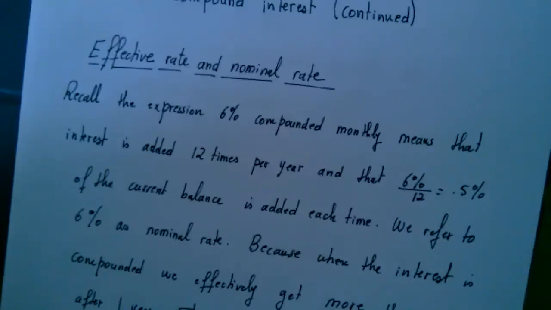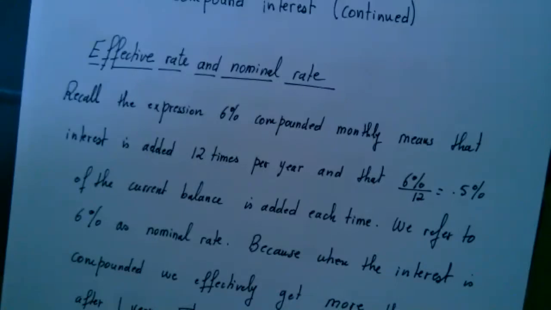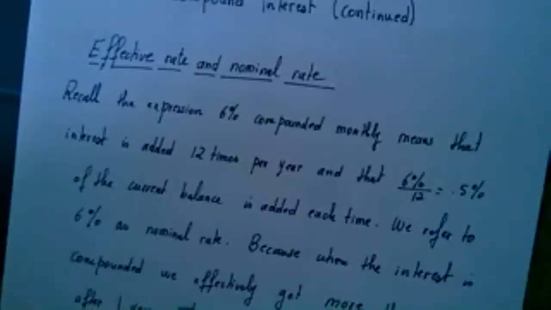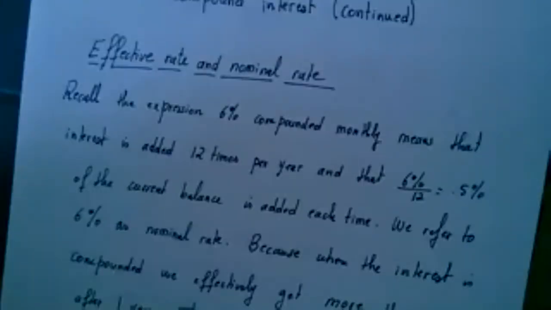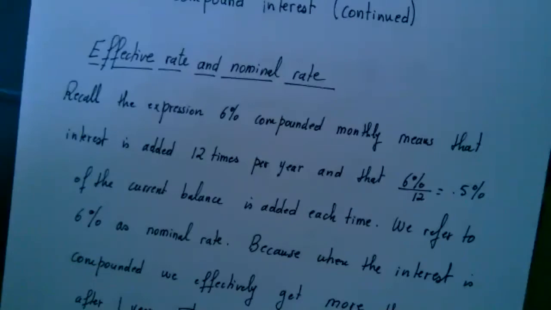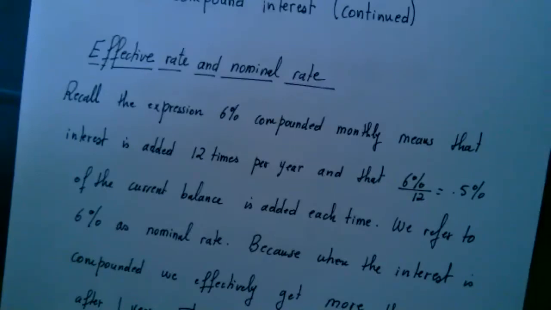So when do we make more money? The compounding or annually? I want answers, use the chat and answer. Compounding, we're going to make more interest. If you put it compounding 12 times a year, because we get interest on the interest, we actually get more money.